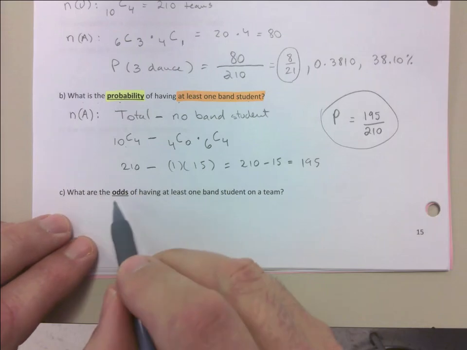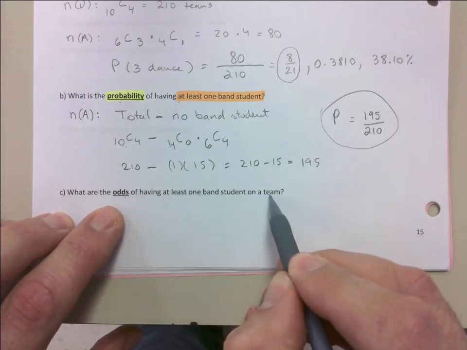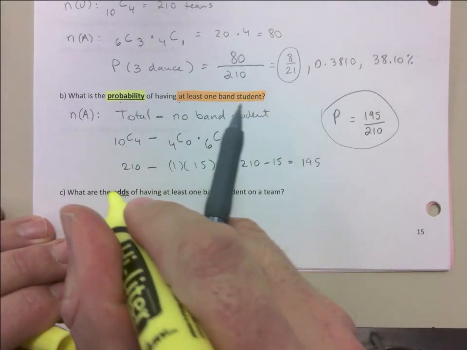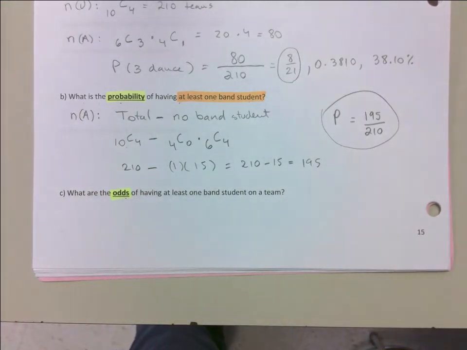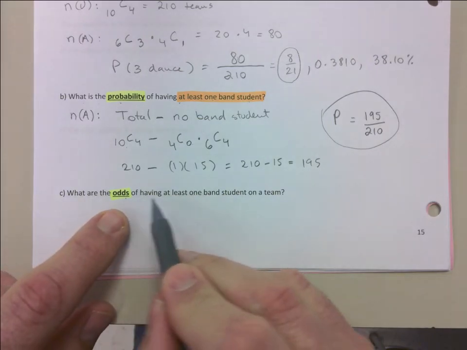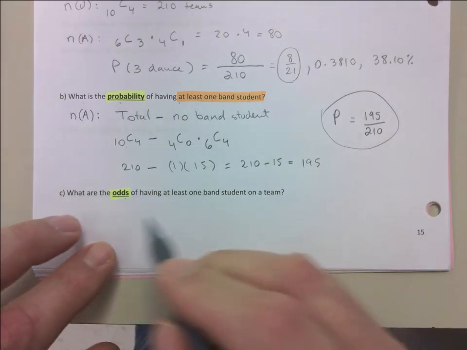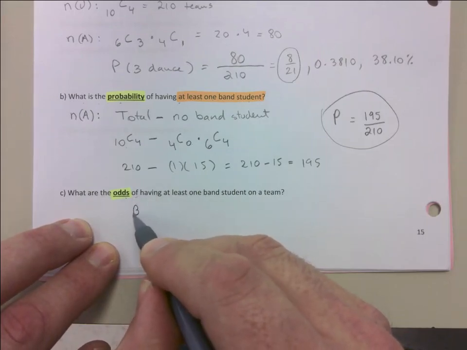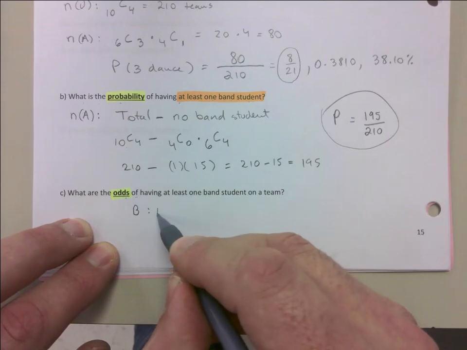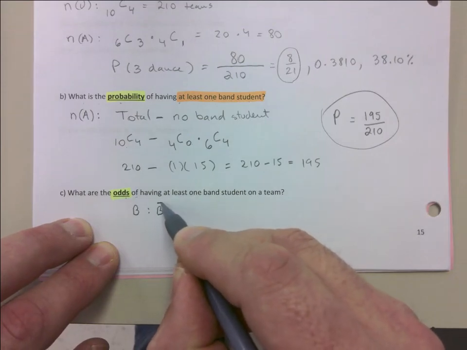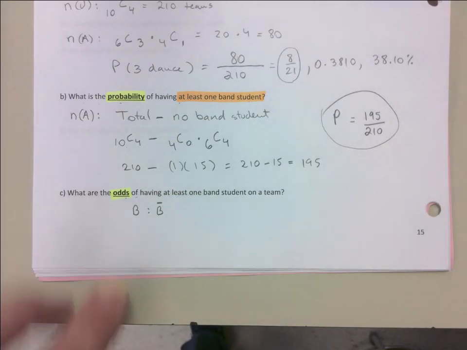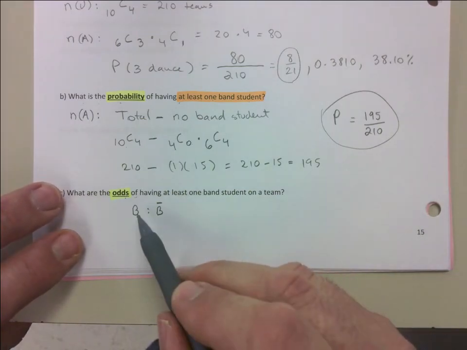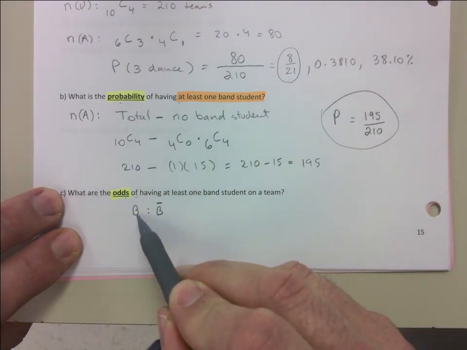What are the odds of having at least 1 band student on the team? Notice that it says odds, right? I was nice enough to put it in bold and to underline odds of at least one band student. Because it's odds of, we know it's going to be at least one band student versus no band students. How many teams have at least one band student in it?